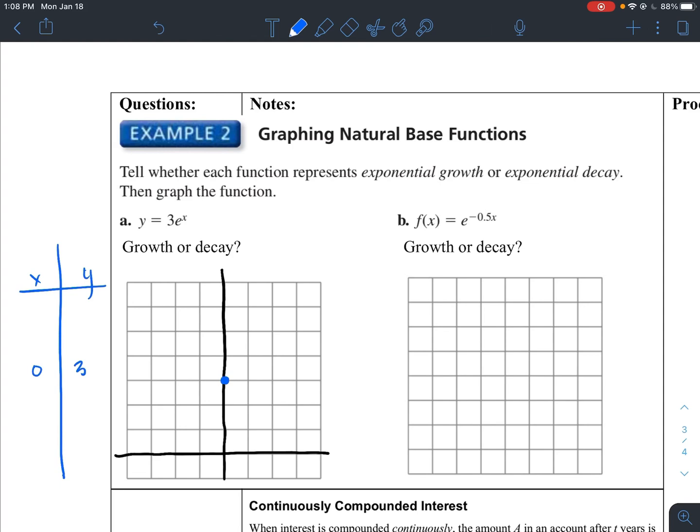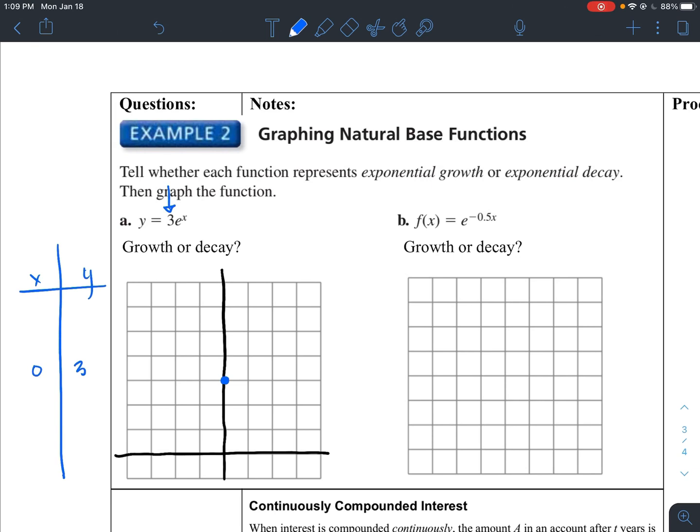Now, that's something that we should recognize: if there isn't anything being added or subtracted here, so we don't have any sort of shifts, which I think next week we'll talk about with transformations, that means this number right here will be your y-intercept.